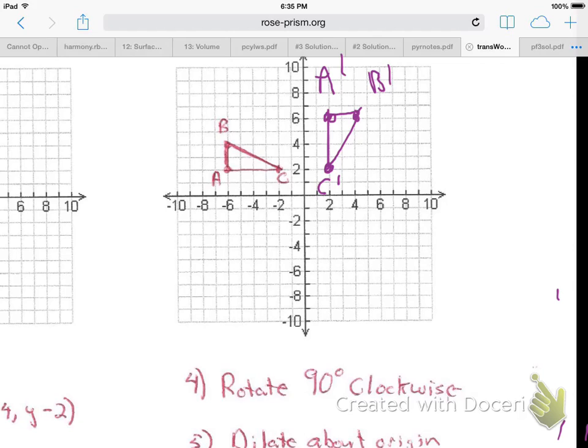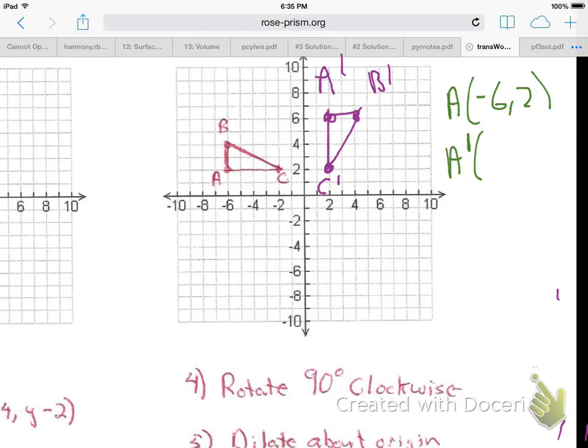Okay, our last guy is to dilate about the origin. And we're using a scale factor of 1.5. Well, what that means is, to get my new points, A currently is at -6, 2. For A prime, I'm going to multiply each of those numbers by 1.5.